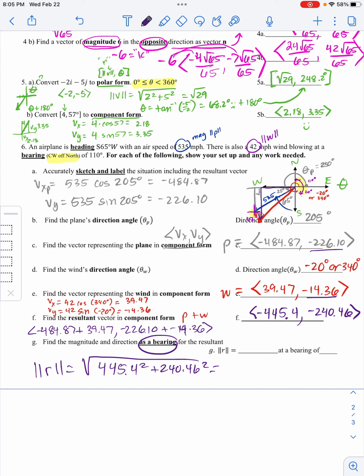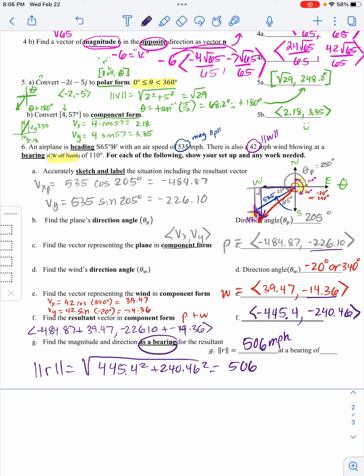And so let's do a little mathing. So I'm getting 506. Maybe I drew my picture crappy. And maybe my wind went down too far, so that should have been shorter. But 506 is certainly a reasonable answer, and that's 506 miles per hour.